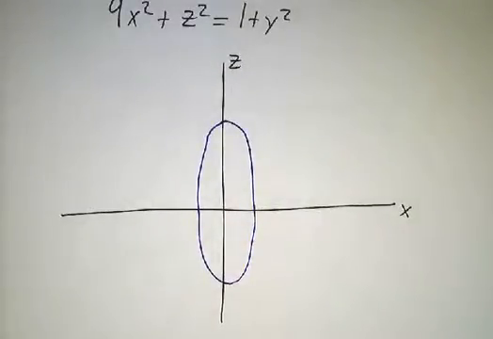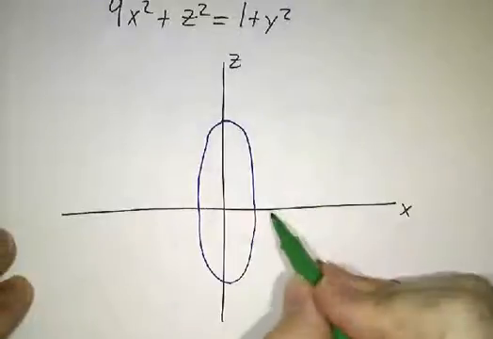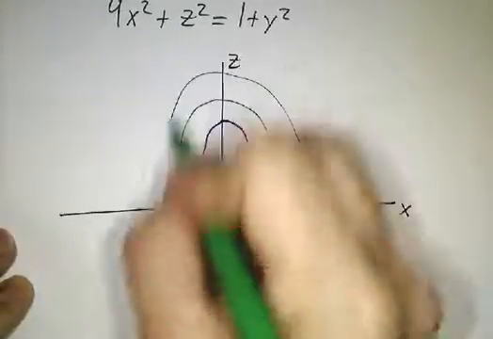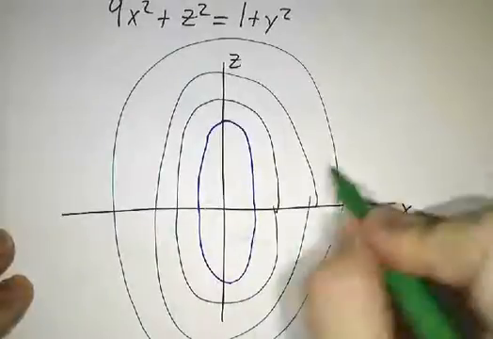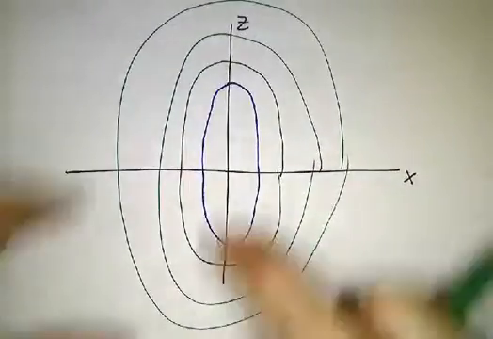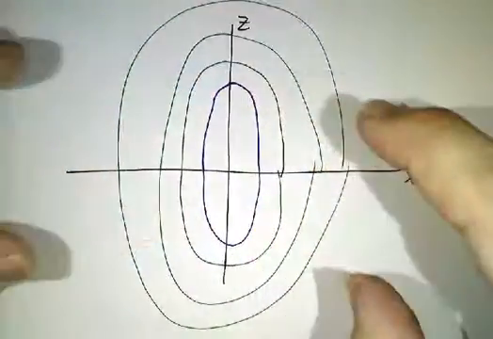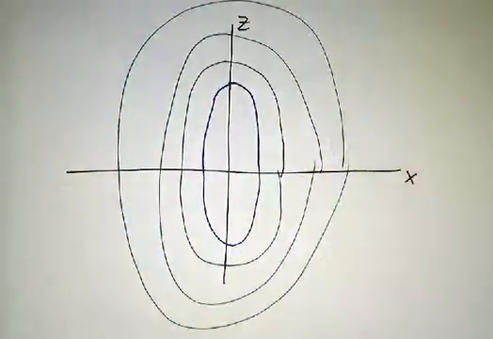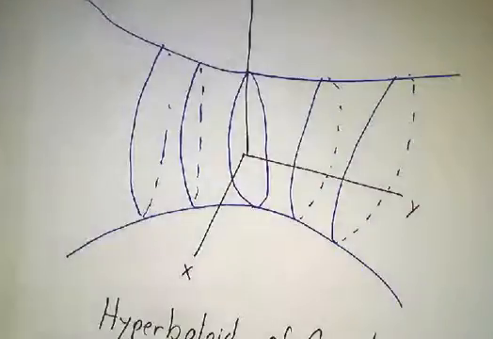If you set y equal to anything other than 0, it still gives you an ellipse, only the radius of the ellipse gets bigger and bigger as y gets bigger. So we've got an ellipse, and as you move off in the y direction, it grows and grows, and as you move off in the negative y direction, it also grows and grows. So the picture looks like this.